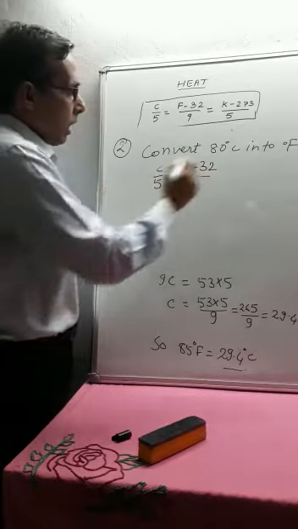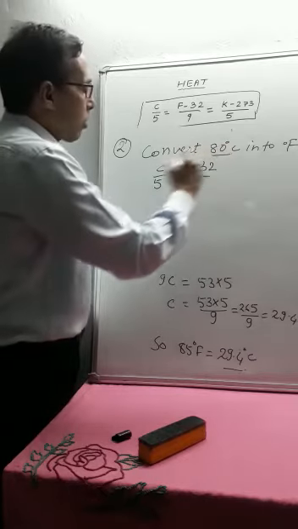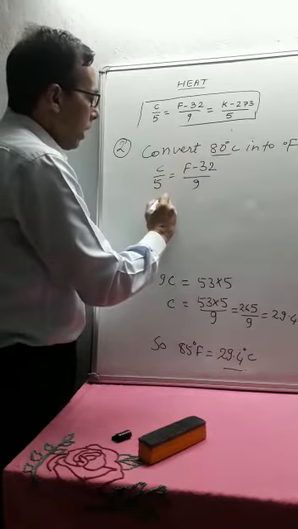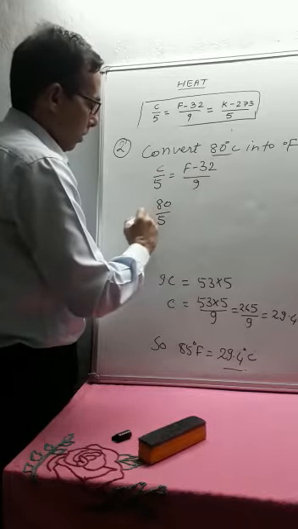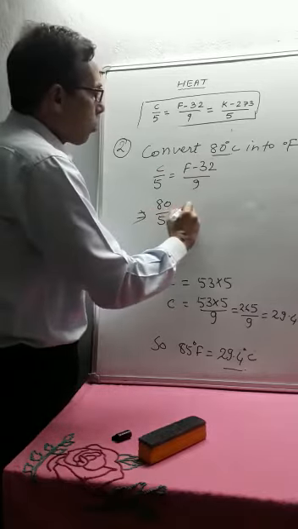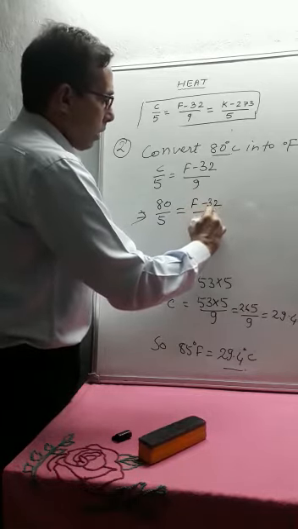Here the value of temperature is given in Celsius. So here we write in place of C, 80/5, which is equal to (F - 32)/9.